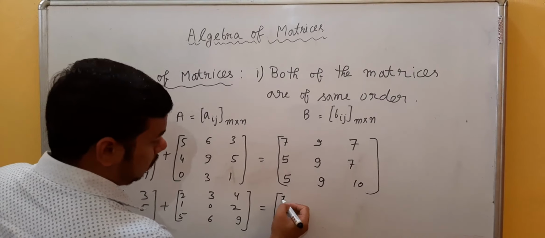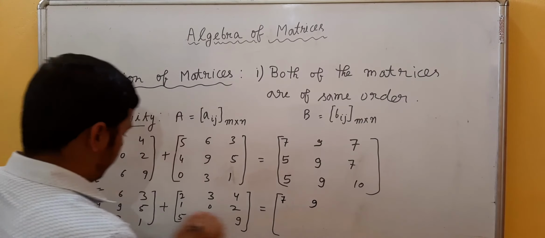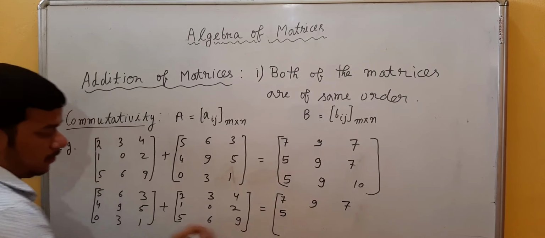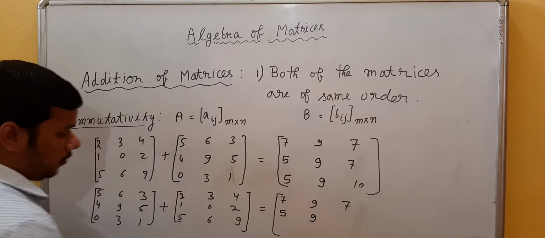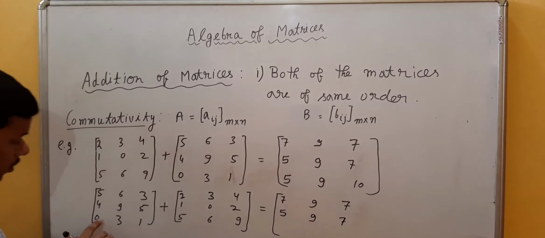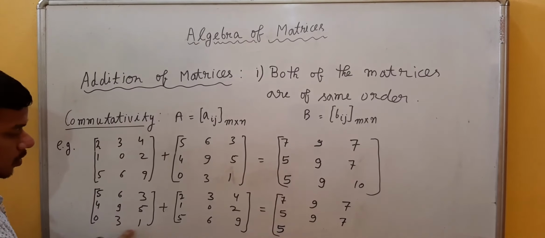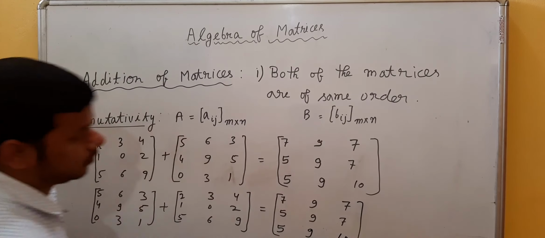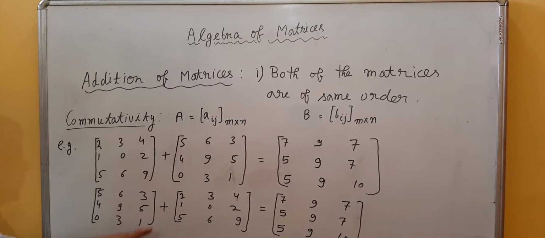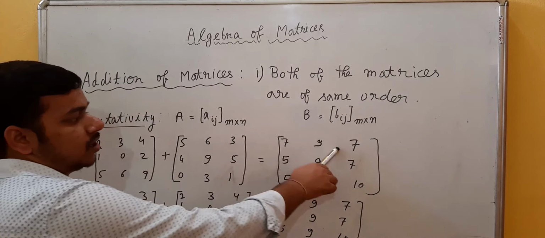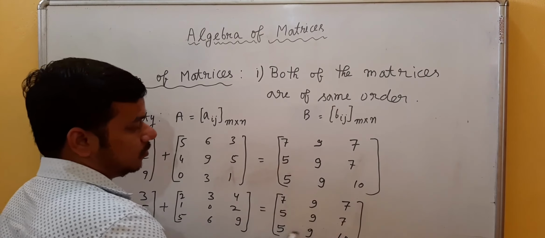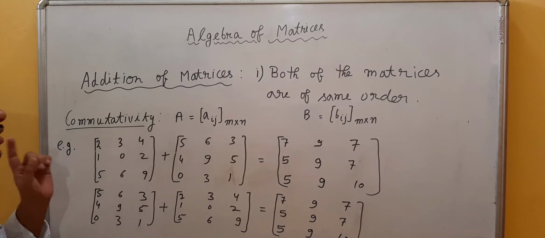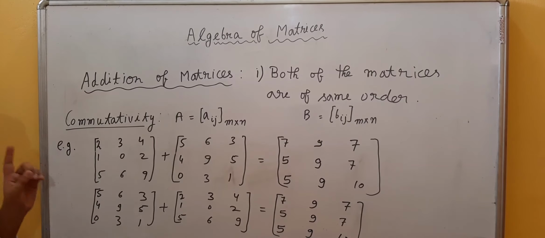We get 7, 9, 7, 5, 9, 7, 5, 9, 10. See, when we change the place of the matrix, there is no effect on the result. We will get the same result. Means addition of the matrix is a commutative process, or I can say is a commutative operation.